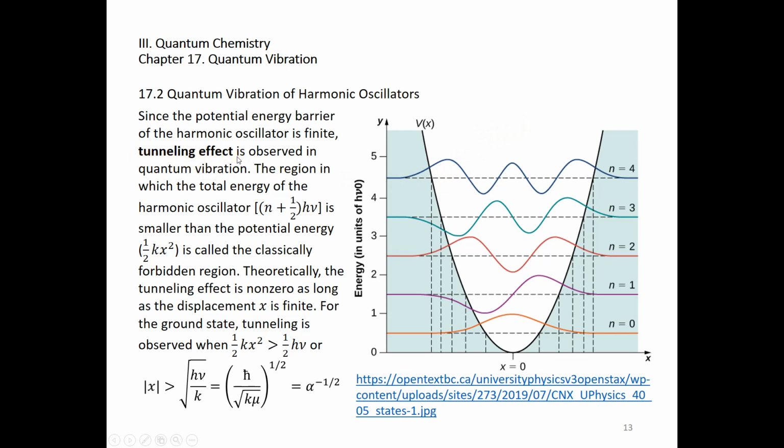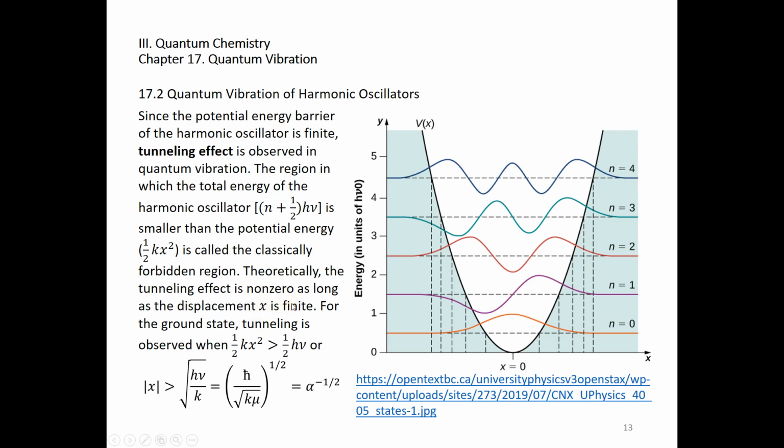We observe the vibration may exceed the classical region. So when does that happen? Obviously when the total energy is less than the potential energy, and the total energy is n plus 1/2 h nu. So when this is less than 1/2 kx squared, you have the so-called classically forbidden region. Theoretically, the tunneling effect is non-zero as long as x is finite.